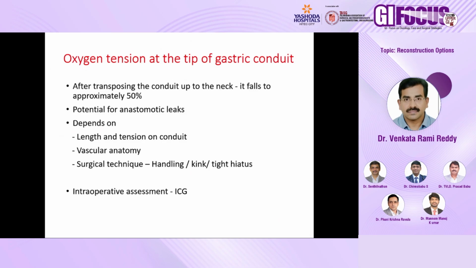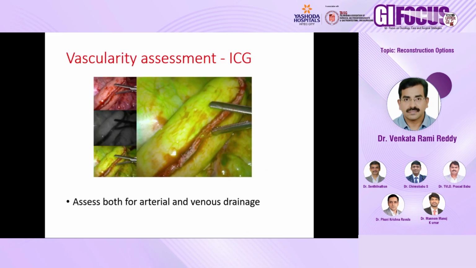The oxygen tension level depends on the length of the conduit, whether there is tension, the vascular anatomy, and definitely surgical handling. If there is very bad handling, a kink, or a tight hiatus, it can decrease the oxygen tension. We have methods to assess that, and people have shown how they use ICG to see the vascularity intraoperatively and make sure that it is good.